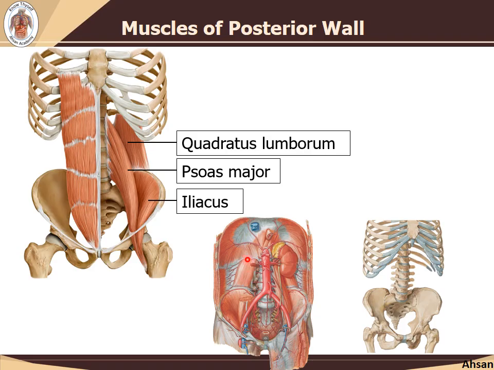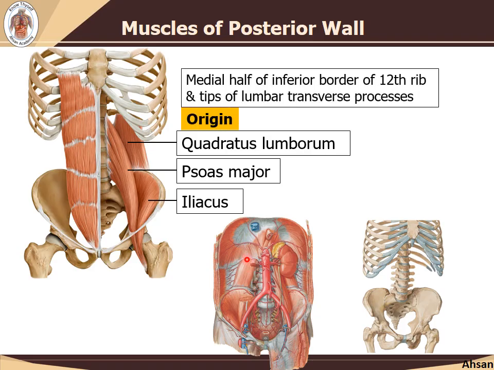You can see this muscle is arising from the lower part of the rib. The origin is from the medial half of the inferior border of the 12th rib and the tips of the lumbar vertebrae. You can see the lumbar transverse processes. All the tips give an area for the attachment of this quadratus lumborum.